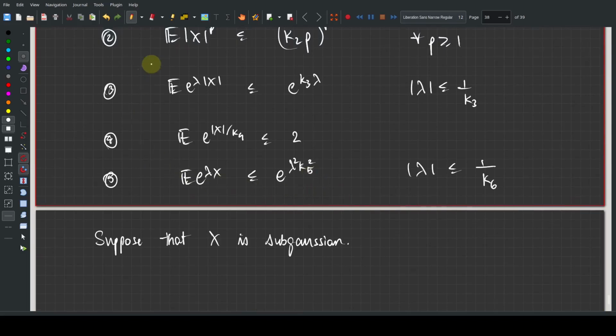Remember, if I can prove any one of these statements about the corresponding random variable X squared, then I'm done. So, here we define Y to be equal to X squared. Alright?